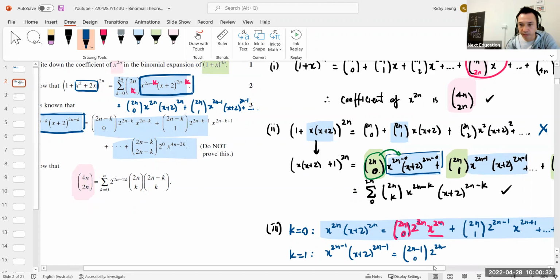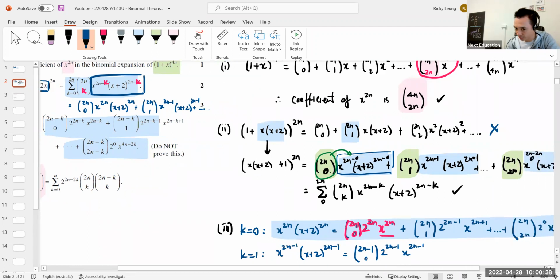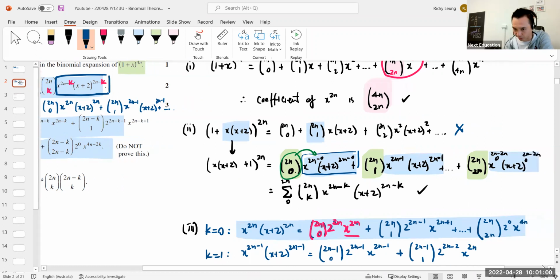So 2n minus 1, x to the 2n minus 1. First term. That's not the term I want. I probably want the next term. Let's have a look. It'll be 2n minus 1 choose 1, 2 to the 2n minus 2 when I sub in 1, and on the x term, which is the one I really care about, it'll be 2n minus 1 plus 1. So that's 2n. Perfect. That is the term I want. So spot that term.